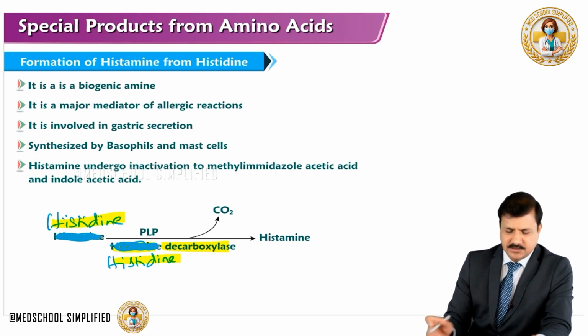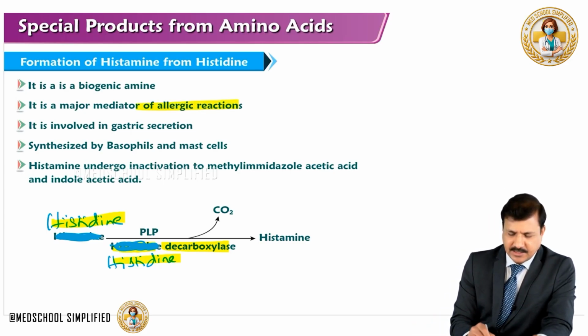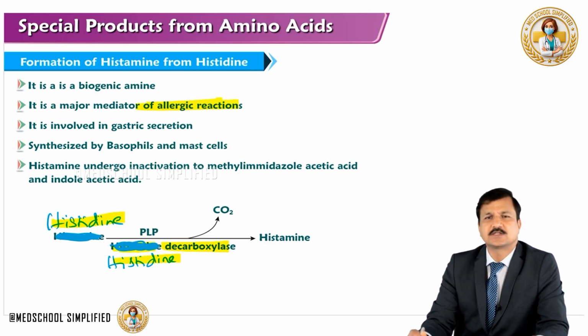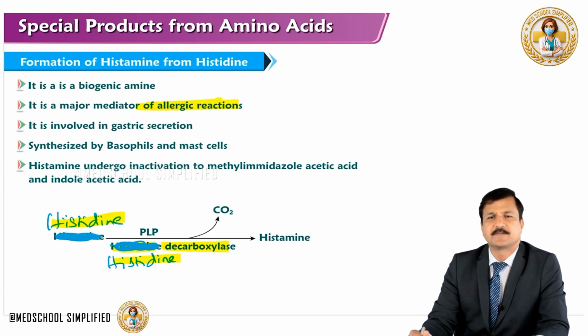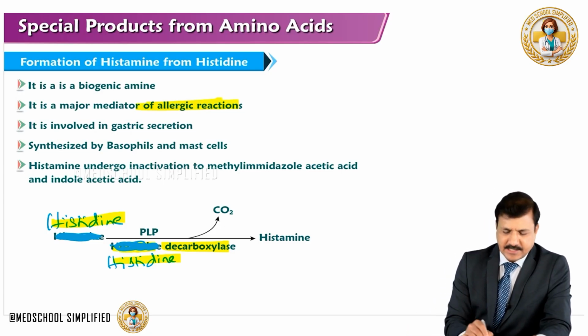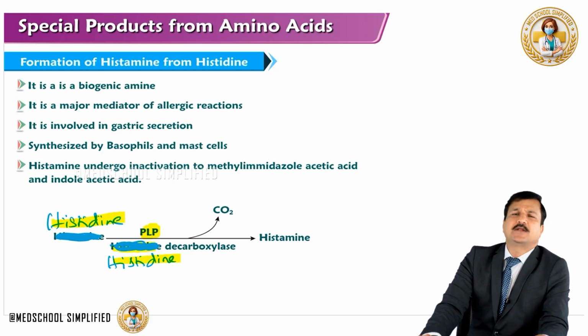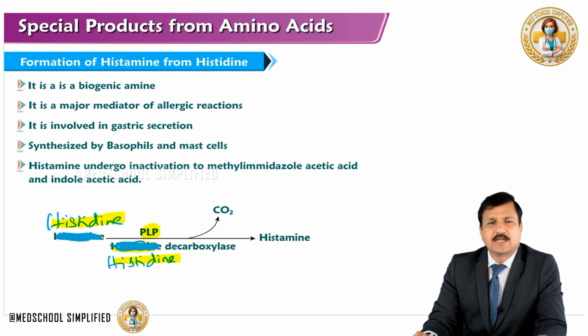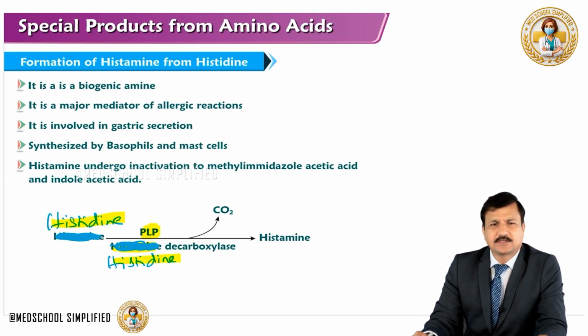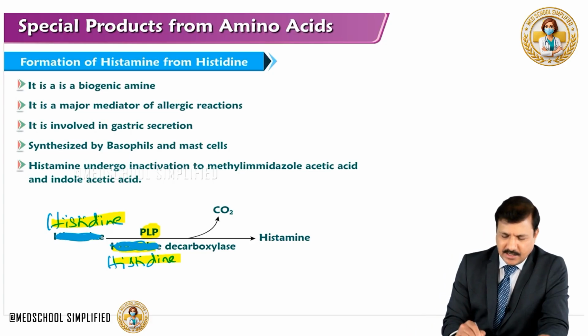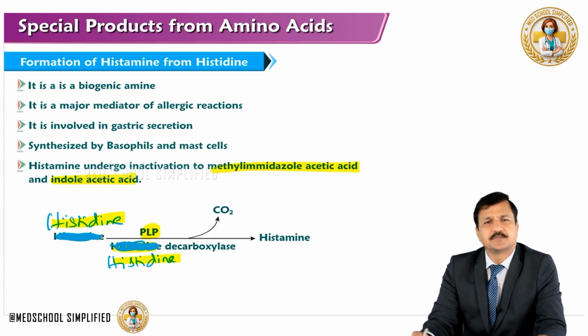Histamine is a major mediator of allergic reactions and it is synthesized by the mast cells and it is involved in gastric secretion, and made from basophils and mast cells in our body. And once histamine is degraded, it will be inactivated into methyl imidazole acetic acid and indole acetic acid.